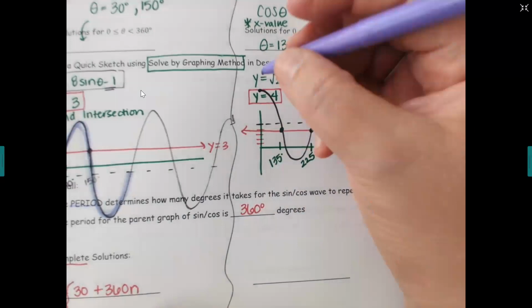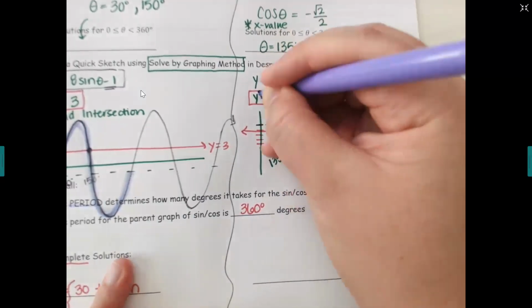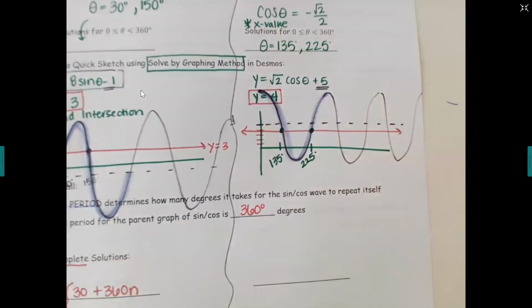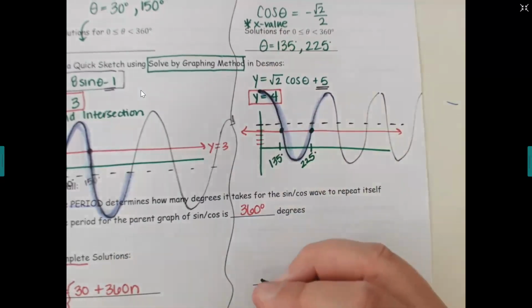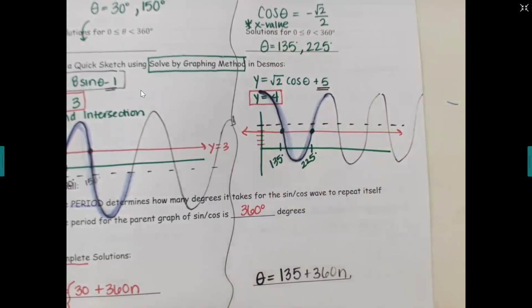What is the period for cosine? Do you remember? It's the same. So it's still 360. So it's gonna be theta equals 135 plus 360n and 225 plus 360n.